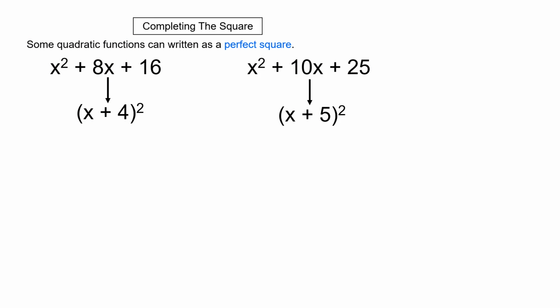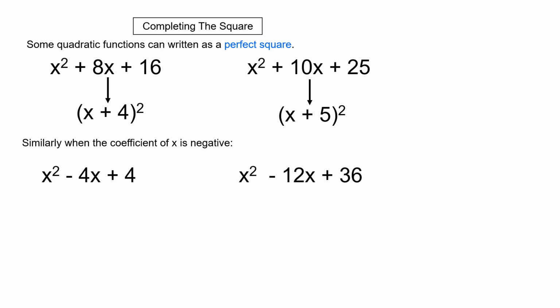Okay, so let's have a look. We can write these two new examples also as perfect squares. So let's factorize. x times something and x times something here.